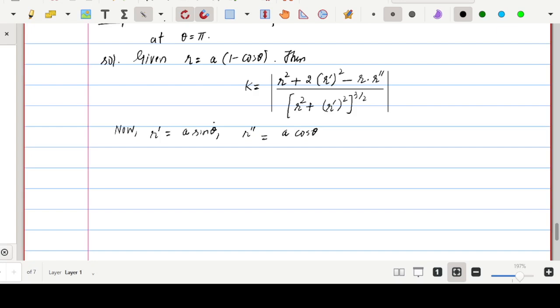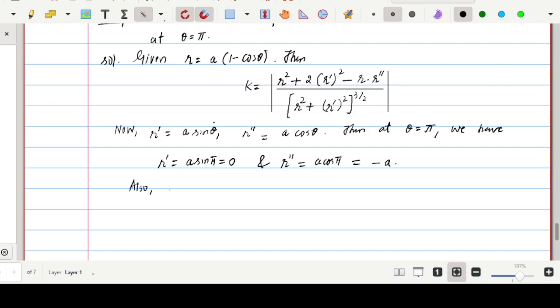Since we have to evaluate the curvature at pi, तो सबसे पहले हम यहाँ पे यही r dash और r double dash compute करेंगे at theta. So then at theta is equal to pi, we have r dash is equal to a sin pi, which is equal to 0, and r double dash is equal to a cos pi, and we know that cos pi is equal to minus 1, so therefore this becomes minus a. तो इससे हमें थोड़ा आसान हो जाएगा इस फॉर्मूला में सब्स्टिट्यूट करना, and at the same time हम ये भी इवेल्युएट करेंगे what is r at theta.